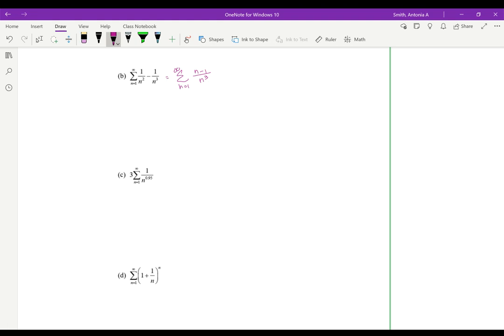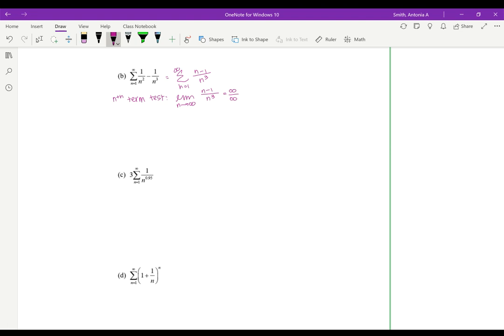So I'm going to do the nth term test. Let's see if that tells us anything. That's always a good first one to try, just like how I tell you to always try u-substitution first. Nth term test is quick, it's fast, and if it diverges, it's conclusive. Okay, so we would do the limit as n approaches infinity of n minus 1 over n cubed, which is infinity over infinity.